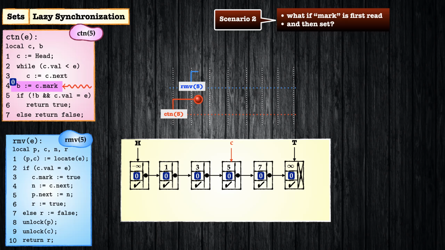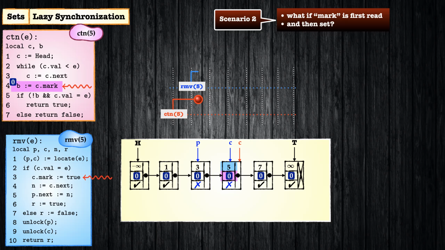It calls locate. Locate will find the right cells again, lock them, and return the pointers as usual. Is Cval equal to E? Yes, it is, because Cval is 5 and E is 5, which is the input key.